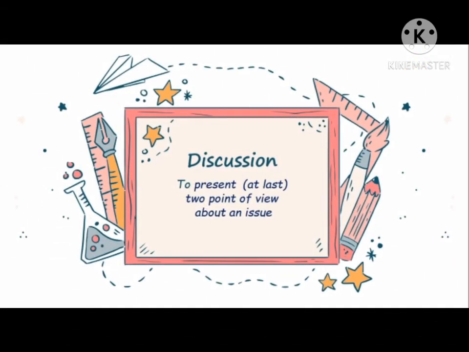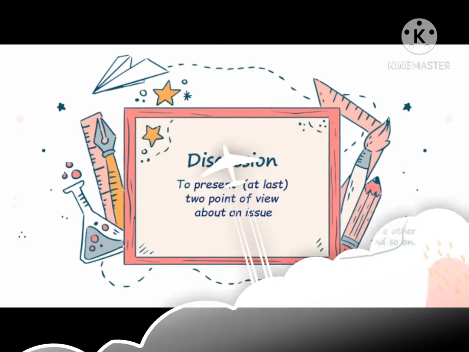Okay, the last one is discussion text. Discussion text is a type of text that presents several opinions that contradict one another. Discussion text serves to describe problematic issues without taking sides with one opinion or view.